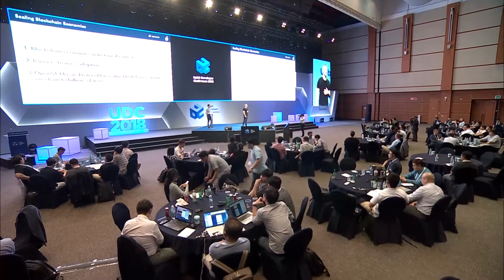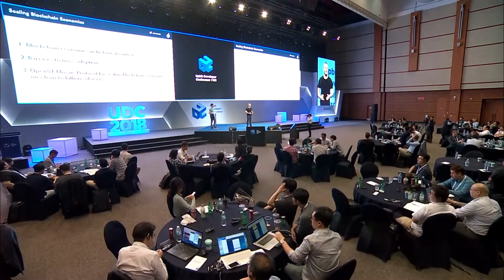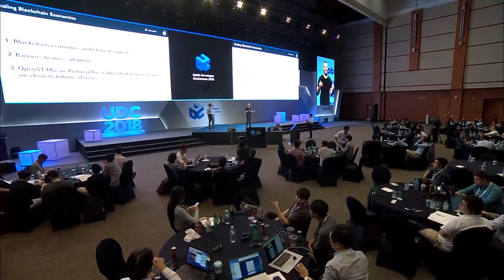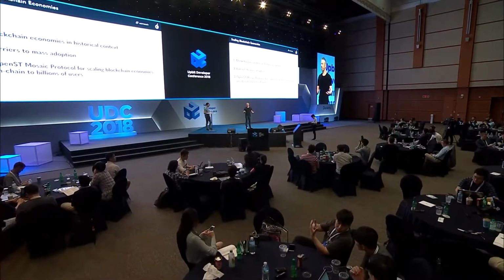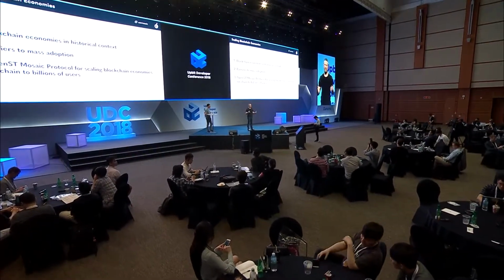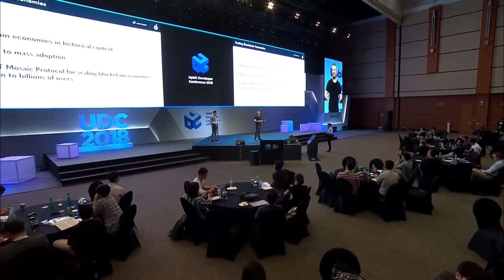So in terms of presentation today, we're going to go through three things. First, I'm going to breeze through a couple of context slides, putting all this into historical context, what blockchain economies are in the context of history and where we're headed, and then talk briefly about some of the barriers to mass adoption of blockchain.